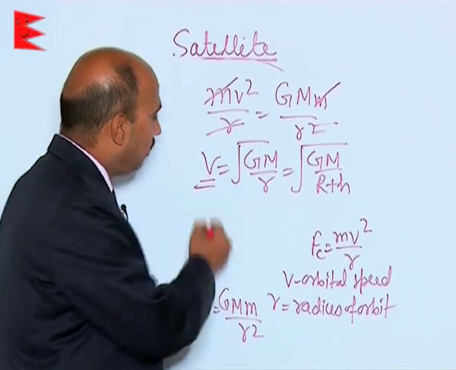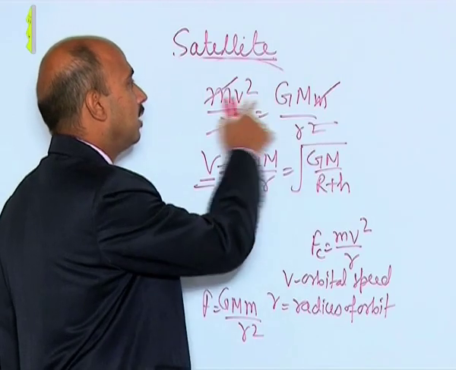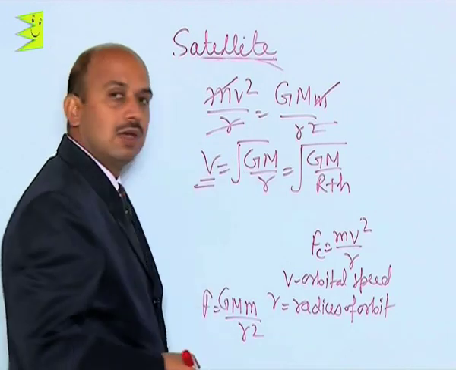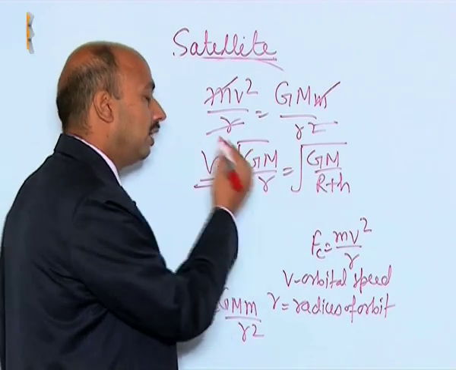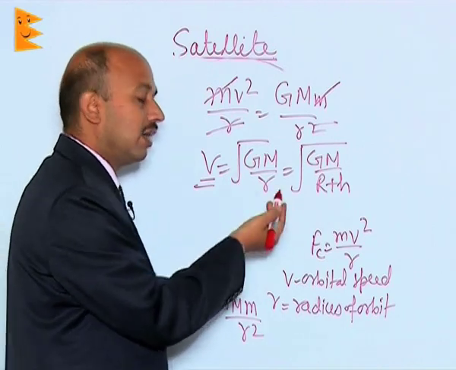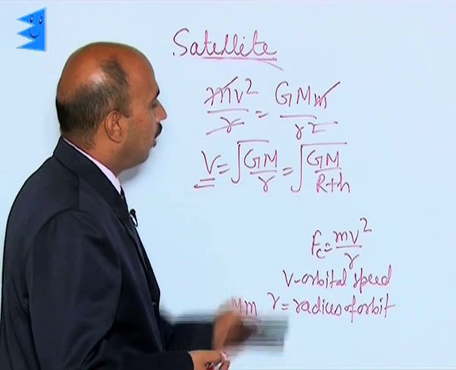Now, see here, the orbital velocity is independent of the mass of the satellite because it has been cancelled. It depends on the mass of the earth and also on the radius of its orbit. If the orbit is larger, that is, has a larger radius, the orbital velocity will decrease. Now, we can go further.